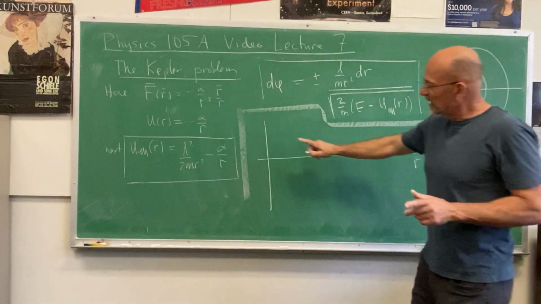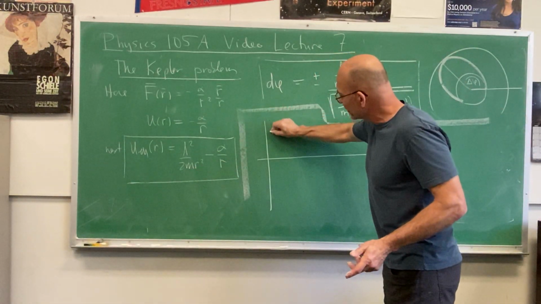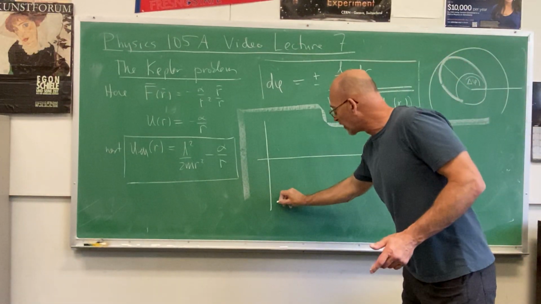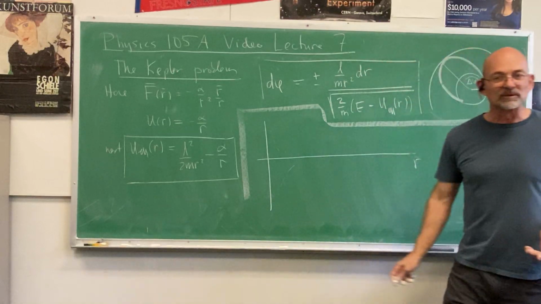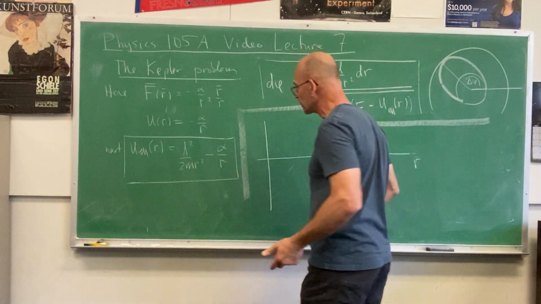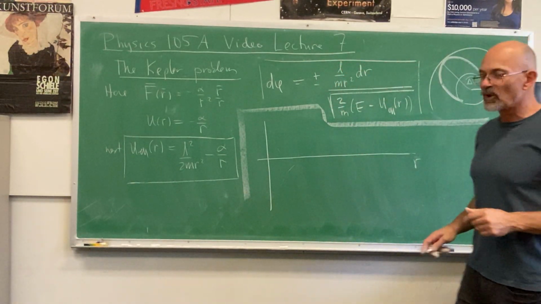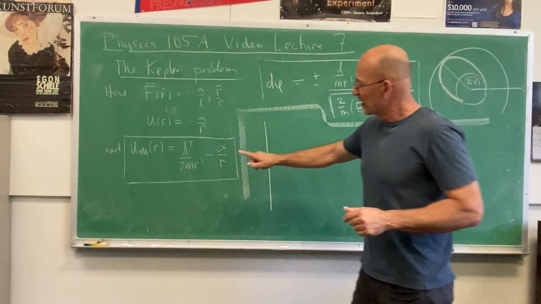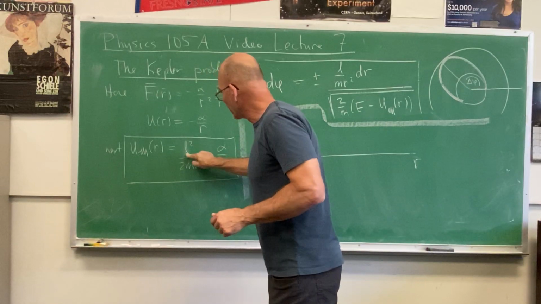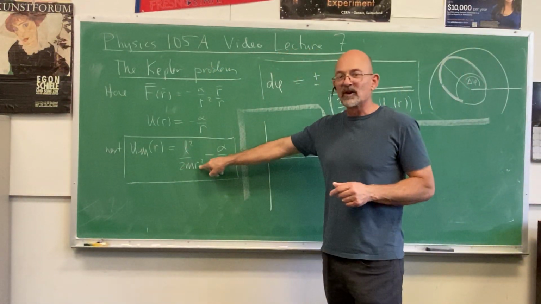So we've done these a few times now. We know that L squared over 2mr squared is always coming out from here. But the minus alpha over R is coming up from here. They both have diverging properties as R goes to 0, and they both vanish as R goes to infinity. But then you can say, which one wins? For small r, the 1 over r squared dominates.